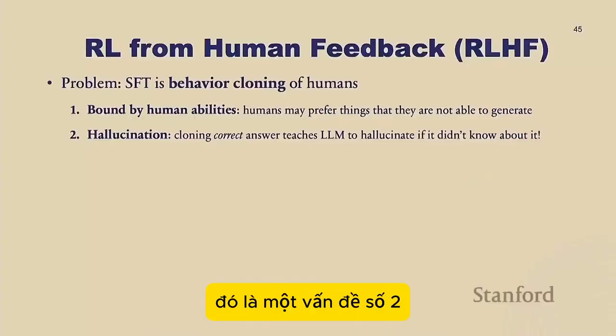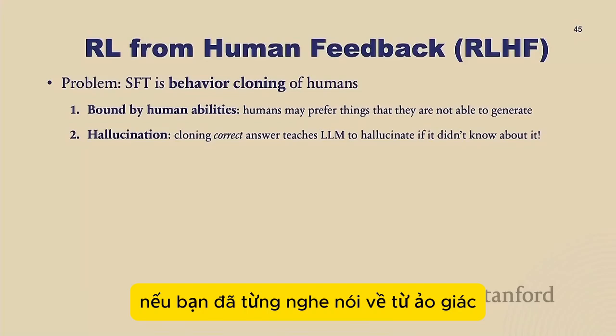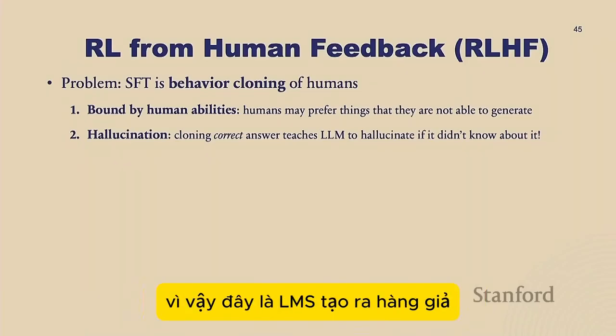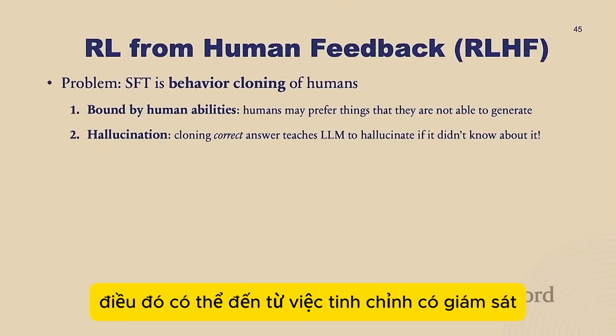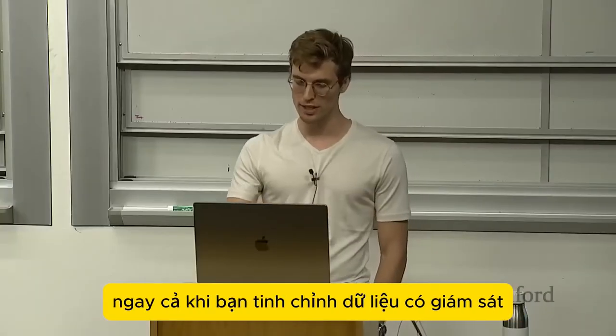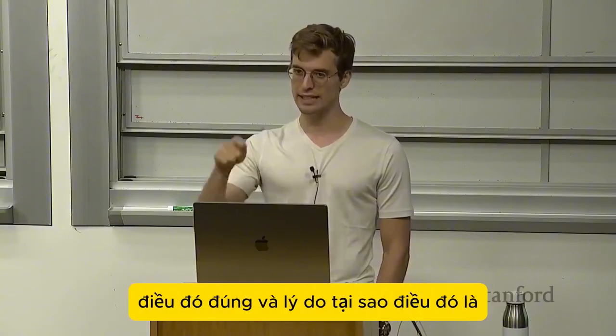Issue number two, which I find pretty interesting: if you've ever heard of the word hallucination, this is LLMs generating false information. People have hypothesized that hallucination can come from supervised fine-tuning, even if you do supervised fine-tuning on data that is correct.